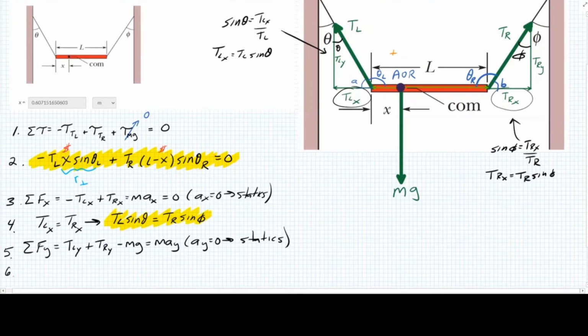So I have number 6: TLY would be TL cos theta plus TRY, which would be TR cos phi, equals mg. That is it. I have my third inventory. I have 3 equations with 3 unknowns.